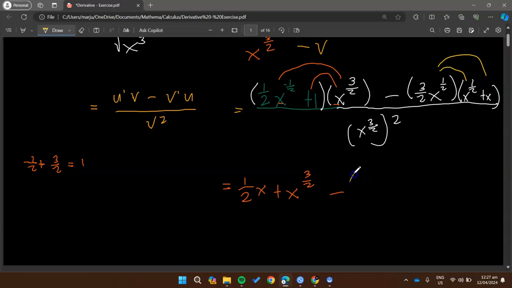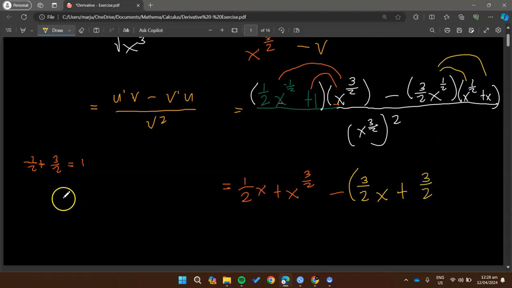So again, minus 3/2 x times x raised to 1/2 times x raised to 1/2 is just x, and then plus 3/2.